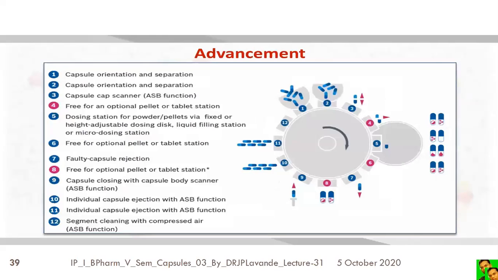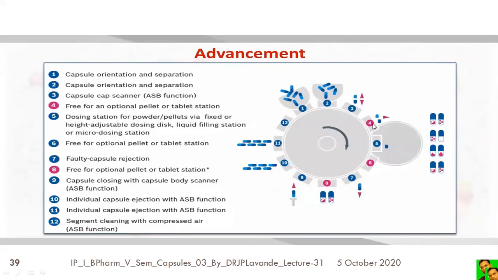Now here you can see there are several advancements taking place in the industry. The very first step is the process in which the capsule orientation and separation occurs. The second step is followed by orientation, and then the capsule is separated. In step 3, you can see the capsule cap scanner, which is responsible for completely removing the capsule body from the cap.